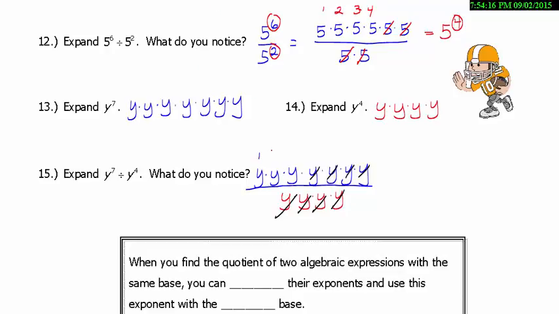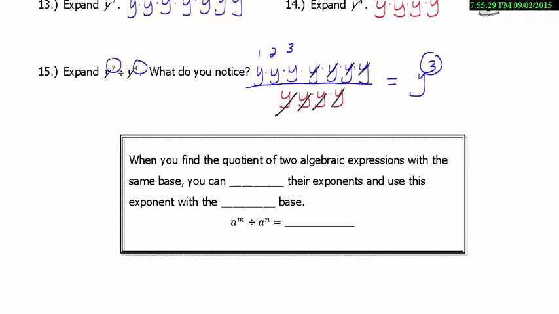So we are left with 1, 2, 3 y's, or y to the 3rd. Again, the connection here is going to be between the 7, the 4, and what we had as our answer, the 3. If you haven't figured it out yet, what we are doing is subtracting the exponents.